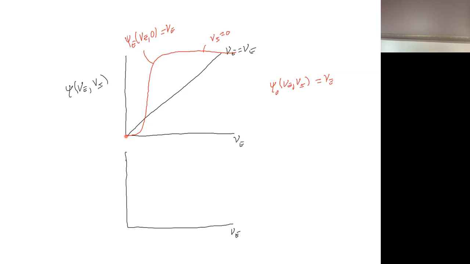So this is the nu I axis. So at nu I equals 0 and nu E equals 0, there's an equilibrium. This point satisfies this equation. If that's 0, that's 0, that's fine.